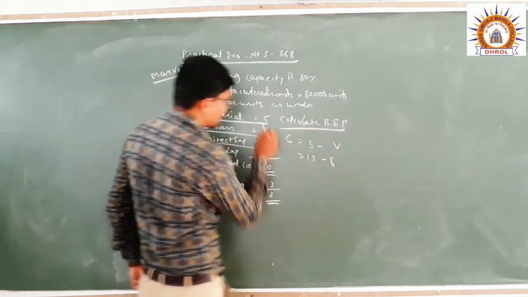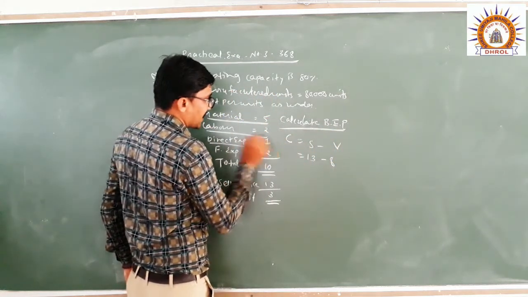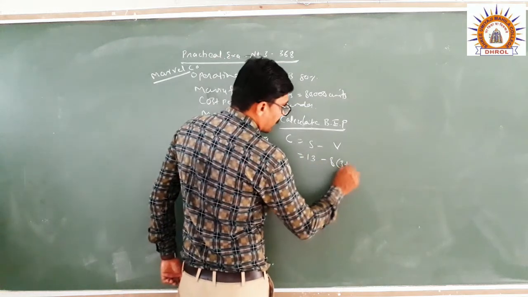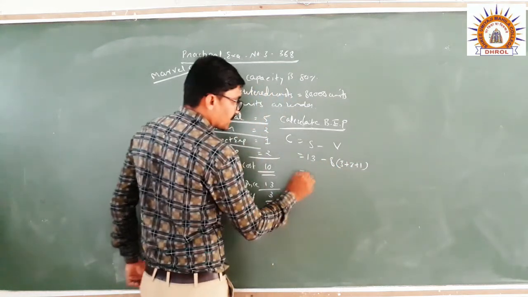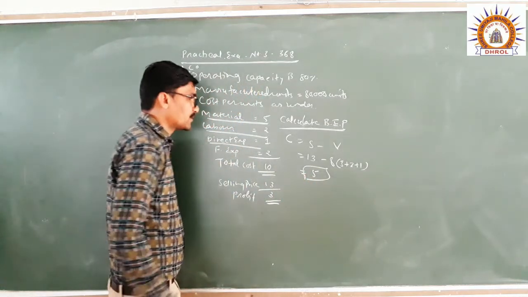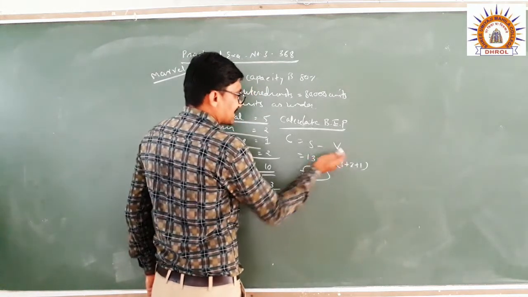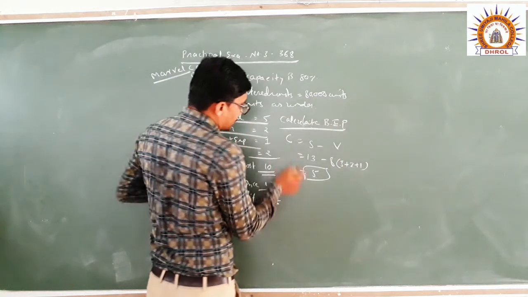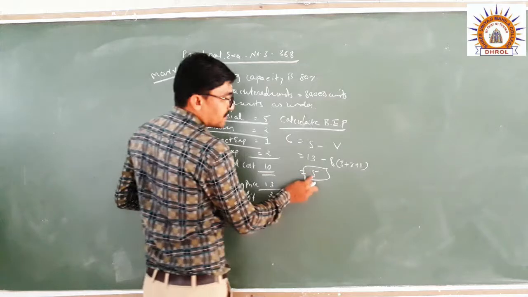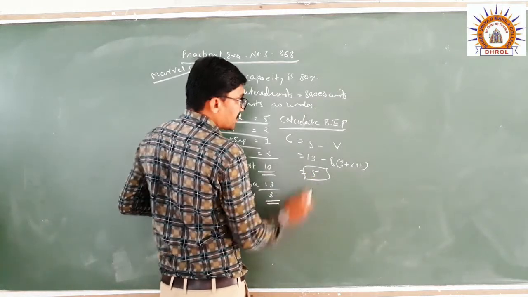Variable cost in total is 5 plus 2 plus 1, that is 8. So here the contribution per unit is rupees 5. With the help of the variable cost, we calculated the contribution per unit.